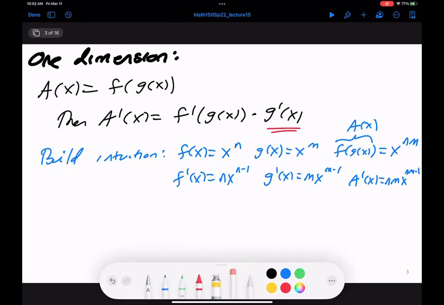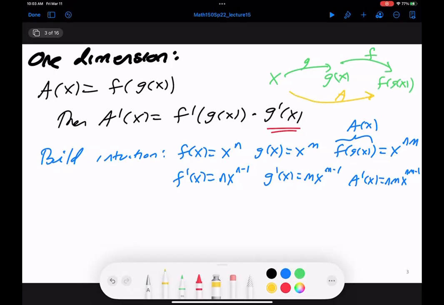At g of x, that's the point where things are happening. So if we start off with some point, say x, then we go to g of x by applying the function g, and then we apply the function f, and we get f of g of x. And so this is our function a. Start at x, and we go to f of g of x.